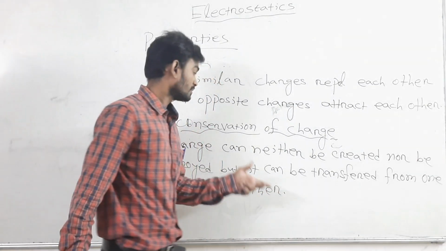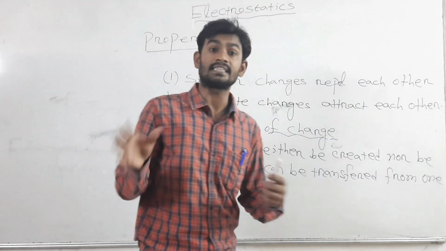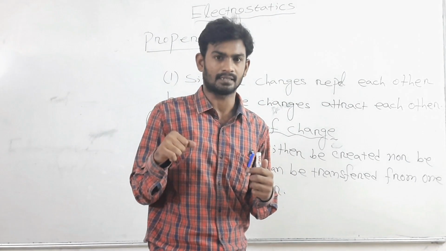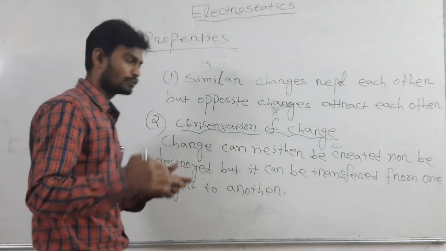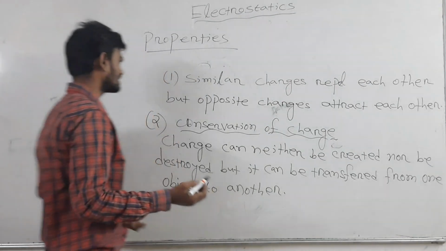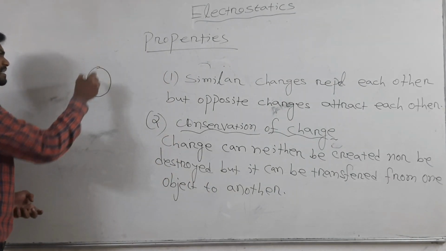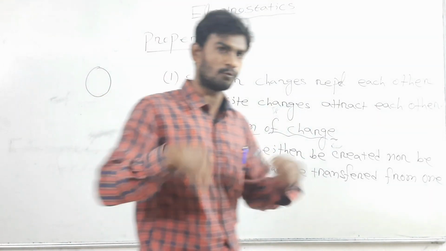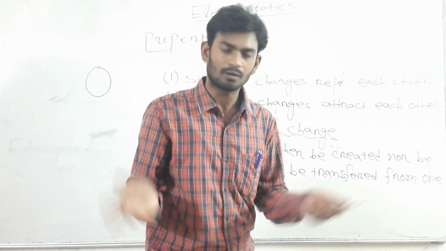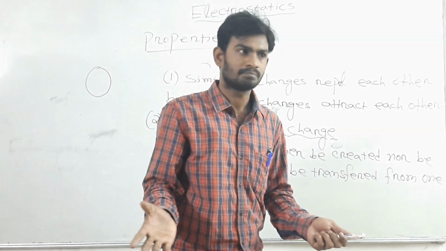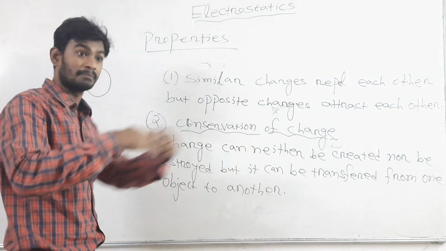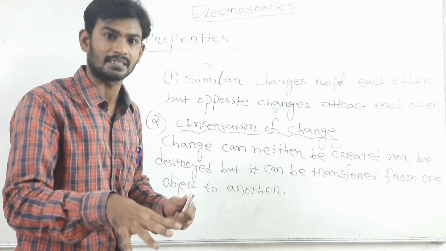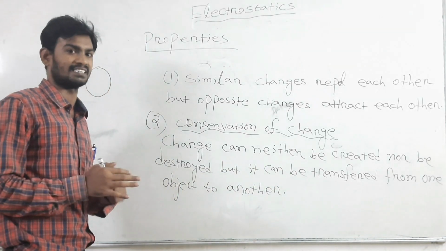In other words, we can say in an isolated system the total charge always remains constant. What does that mean? An isolated system means if we consider a system with more than one object or charge, but it is isolated from its environment, which does not have any effect on that system, then that is called an isolated system.